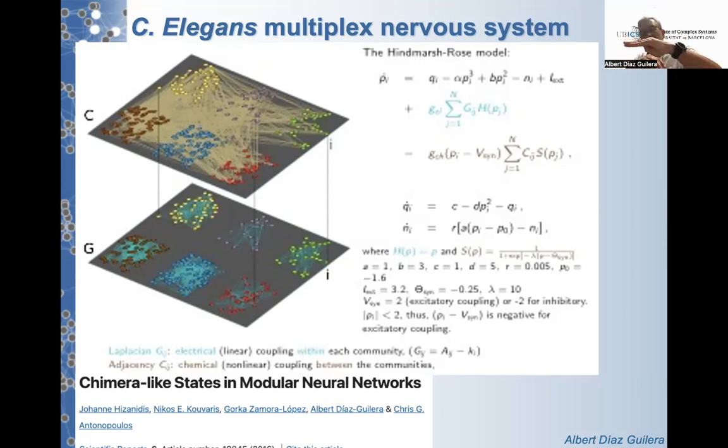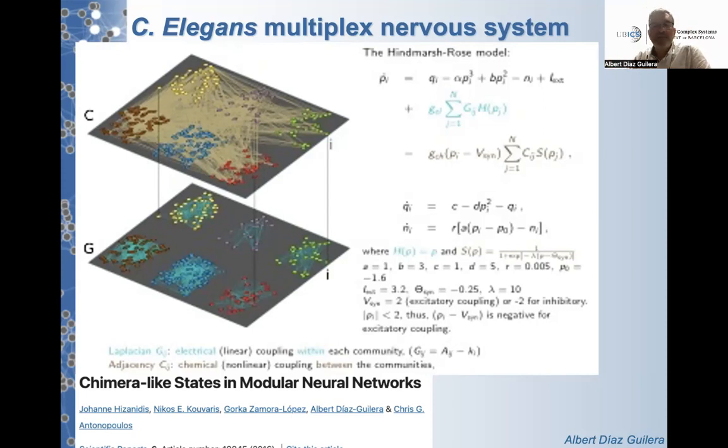One layer considers one type of connection within the communities, and the other layer has connections among nodes across different communities. So again, this is a multiplex: the two layers have the same nodes with different sets of connections, and again a one-to-one correspondence.